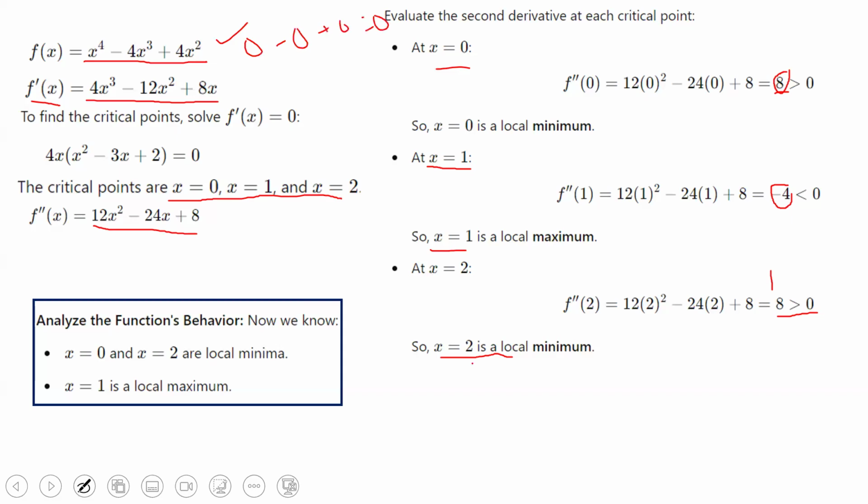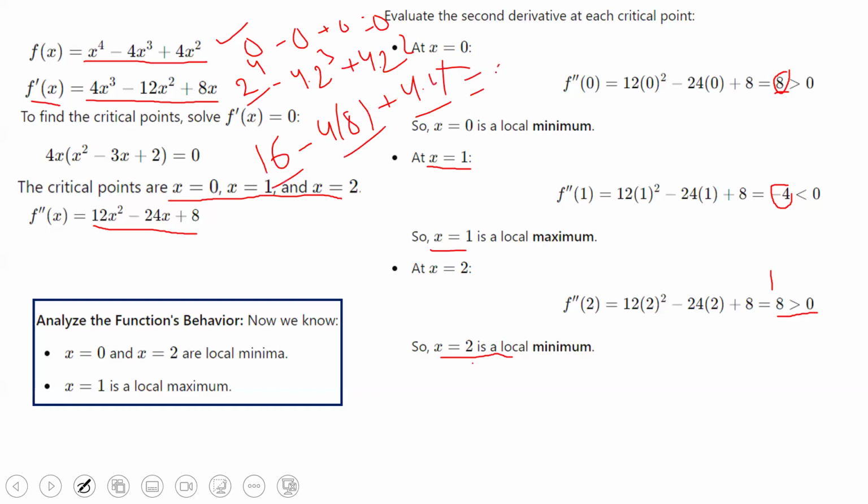When I apply 2 here, 2 to the power of 4 minus 4 times 2 cubed plus 4 times 2 squared, so 16 minus 4 into 8 plus 4 into 4, which is 16. So 16 plus 16 is 32, and 32 minus 32 will be 0. So even this is coming to be 0. So they both will become local minimums.